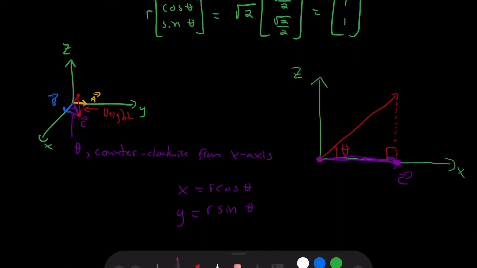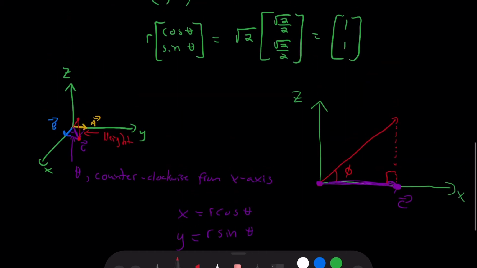It's got the x component and the y component, and this is the z component that's being added. Let's do one other thing here. We're going to make this phi, because this is a different type of angle that we need. This is how much we're angling upwards from the xy plane. In this drawing, we would say it's from the x-axis.